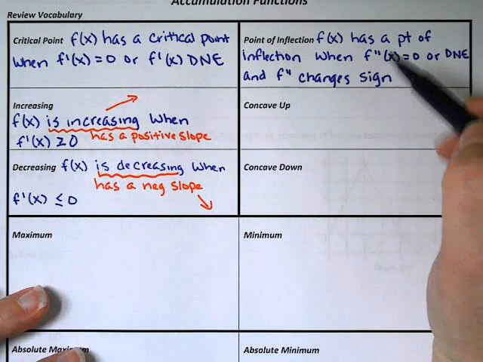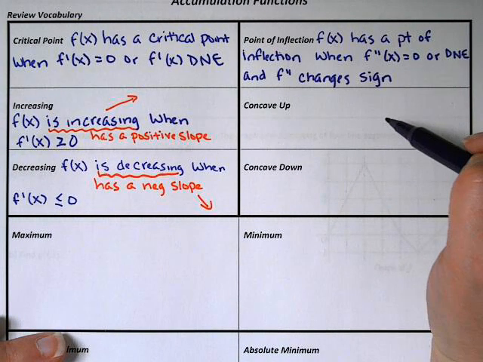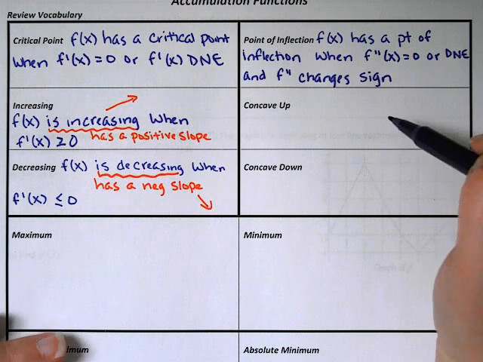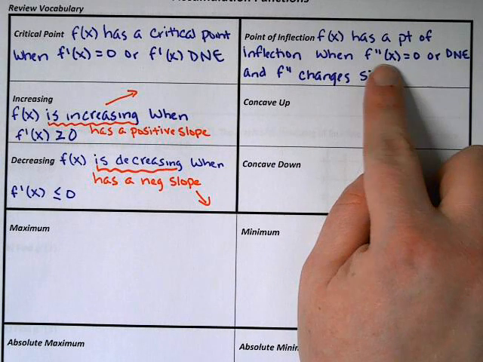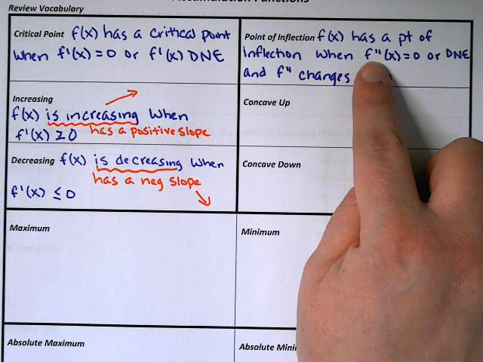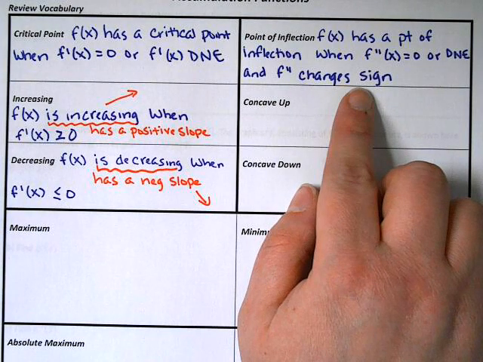So we know points of inflection tell us when the concavity changes. So if the function changes from concave up to concave down, or concave down to concave up, then we know it's a point of inflection. So it's really important to make sure we have both of those pieces: either that the second derivative is 0 or does not exist, and that the second derivative changes sign.